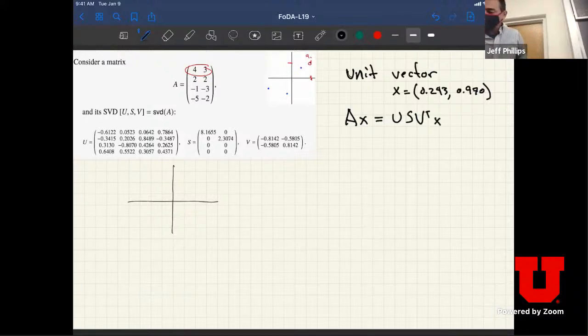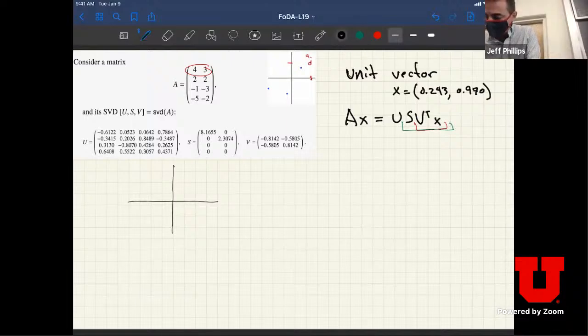Okay, so we're going to look at what happens when I do V transpose times X, what happens when I do S times V transpose times X, and we'll walk through this product and see the effect of each of these matrices.